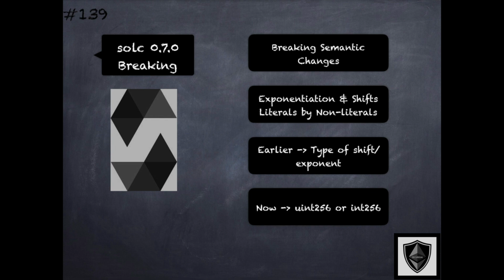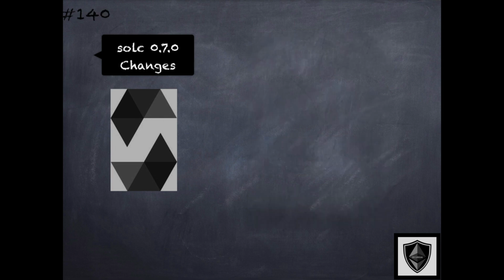This again is a breaking semantic change because the behavior of exponentiation and shifts changed underneath without any changes to the syntactic aspect. This version also introduced several syntactic changes that could cause existing contracts to not compile anymore and therefore considered a breaking change.